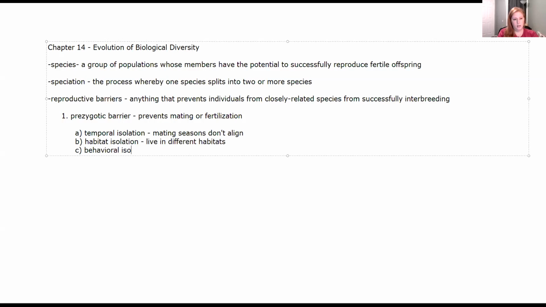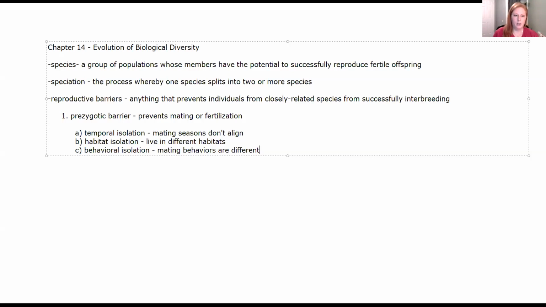Behavioral isolation. This refers to mating behaviors. So you remember I showed you a bird of paradise and how it puffs up those feathers and looks like it has those glowing eyes on its back. It's really pretty.